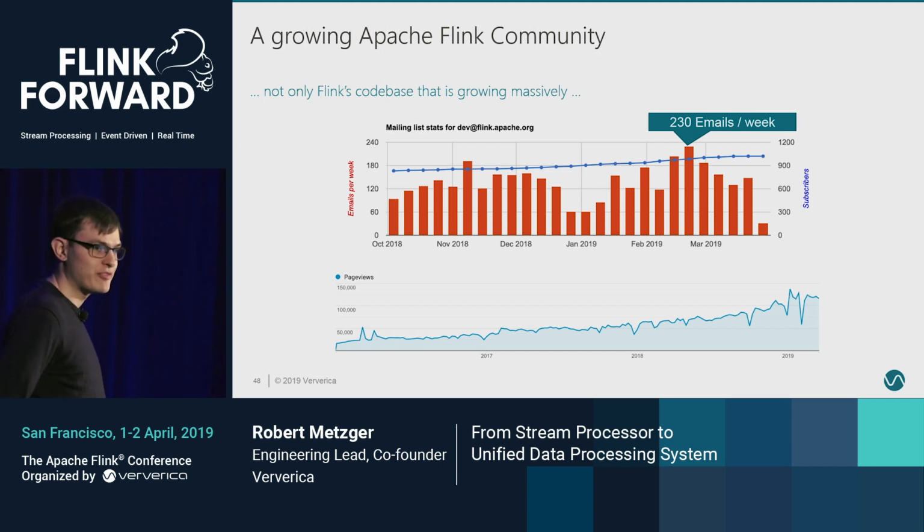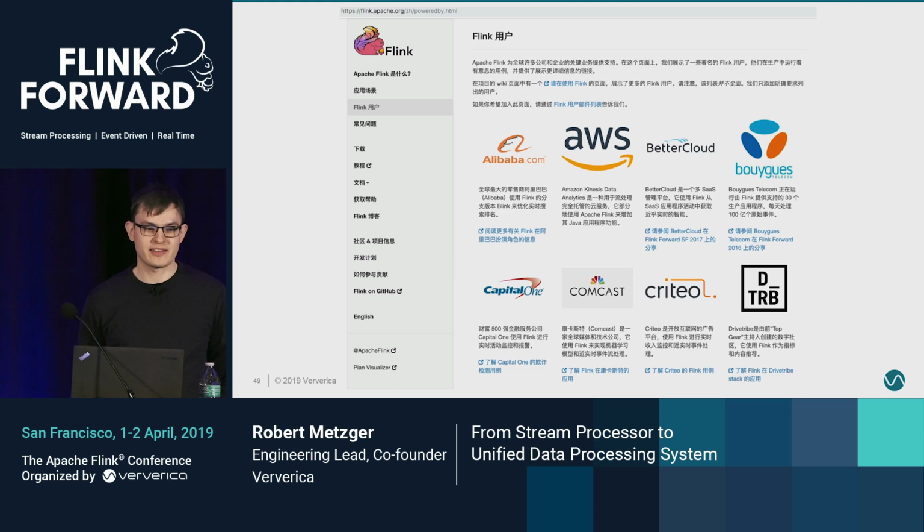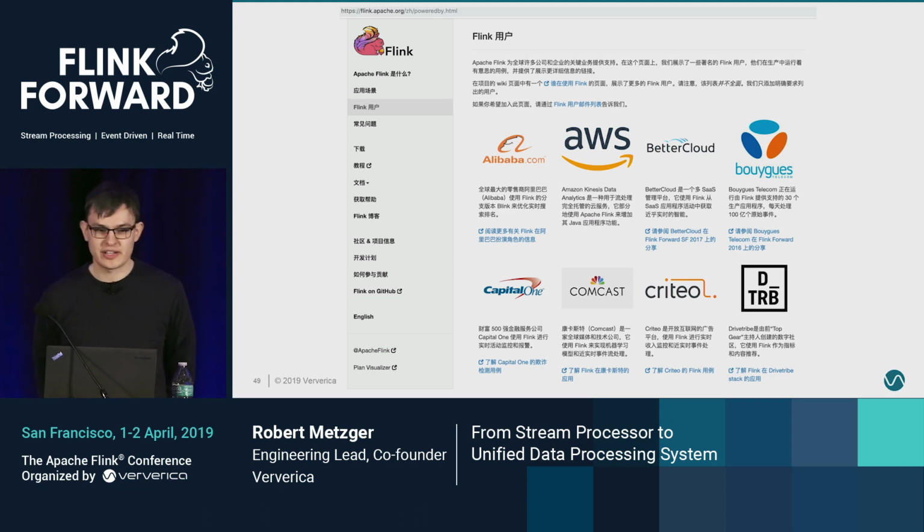So at Flink Forward China, we had 1,300 people showing up. And there was a website called flinkchina.org with Chinese Flink documentation. And we are now in the process of working with this group of people in contributing a Chinese version of the Flink website. And this is almost completed already.